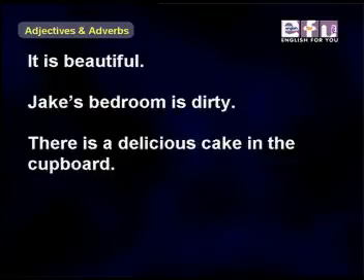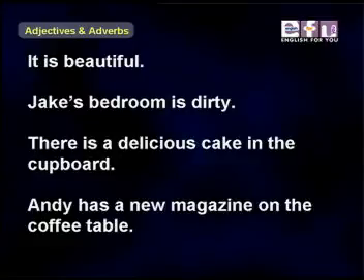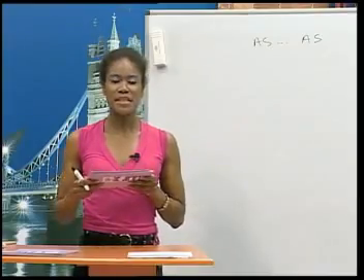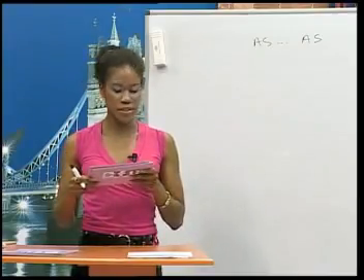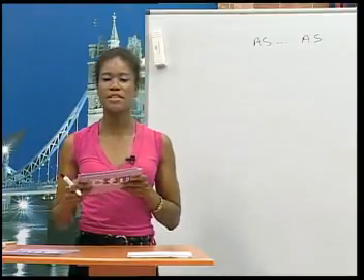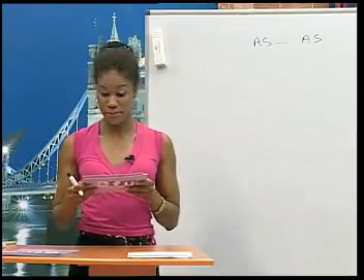Next example. There is a delicious cake in the cupboard. Next, Andy has a new magazine on the coffee table. So you can see beautiful, dirty, delicious, and new are adjectives.